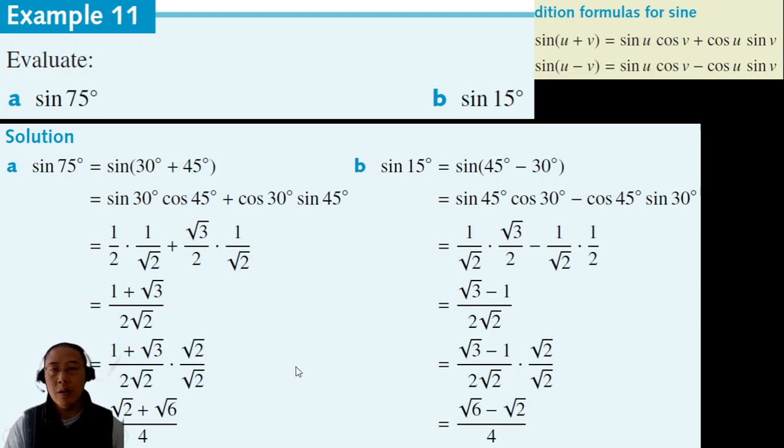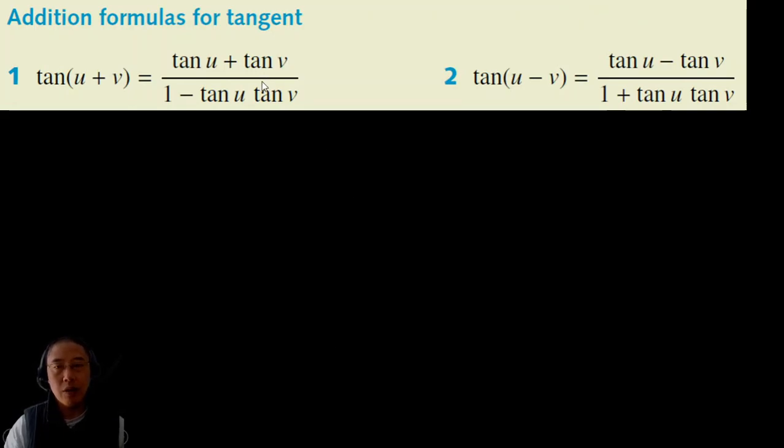All right, moving on. Next one is tangent, a little bit more elaborate. With the proof, the way it's obtained is, remember tangent is a ratio of sine over cos. So they do sine of (u plus v) over cos of (u plus v), and they manipulate this expression from the previous formulas to get those expressions in terms of tangent for u and v.